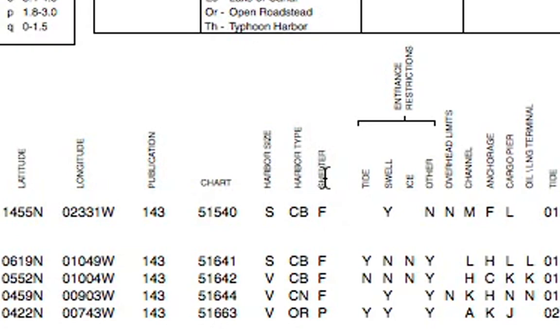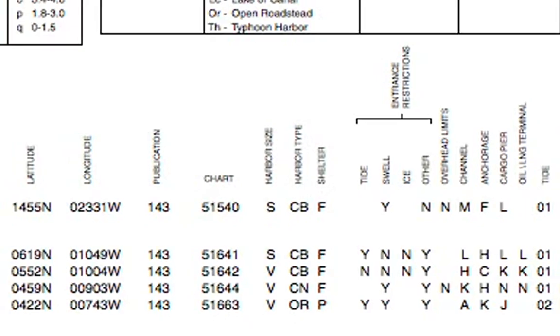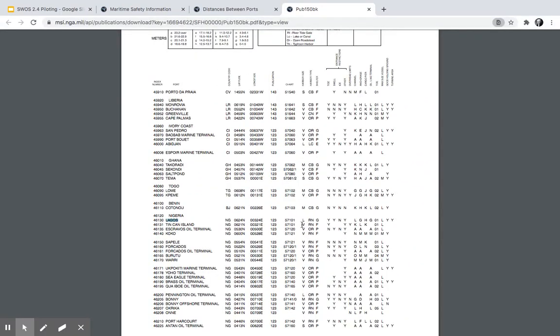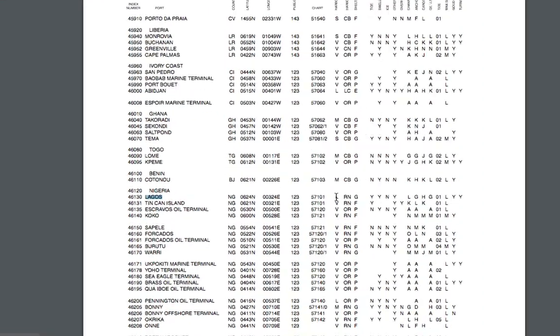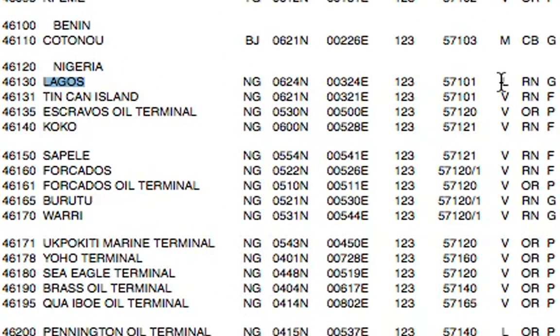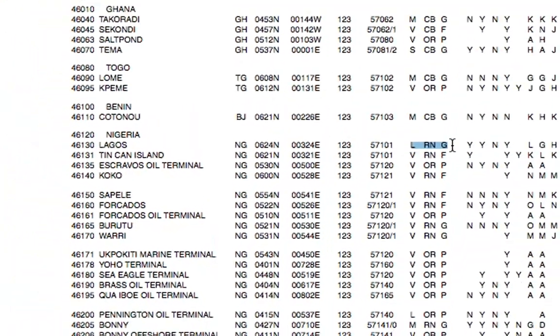We have those three columns, they're right in a line, and what we'll do is take the codes listed for Lagos and pull them. Let's write them in our notes, and then we can look up what each of these codes means. So for Lagos, we see harbor size, there's an L associated with it. For harbor type, we have RN. And then for shelter, we have a G.